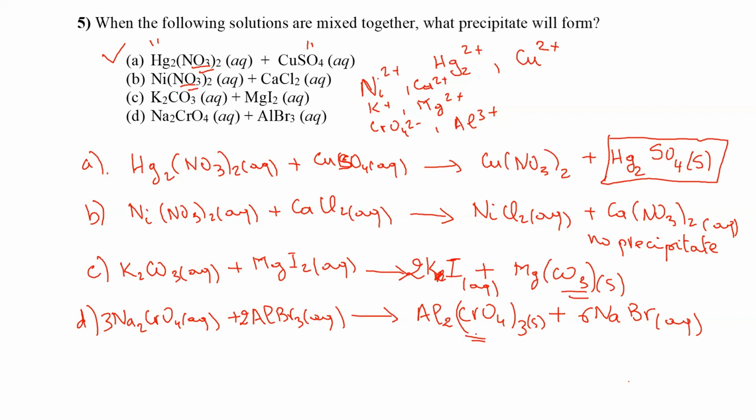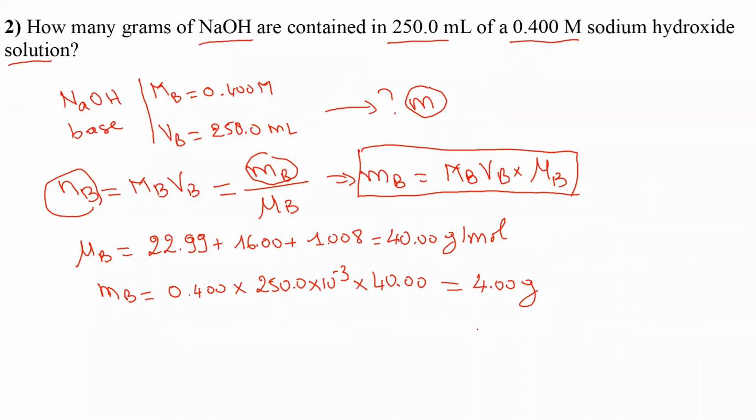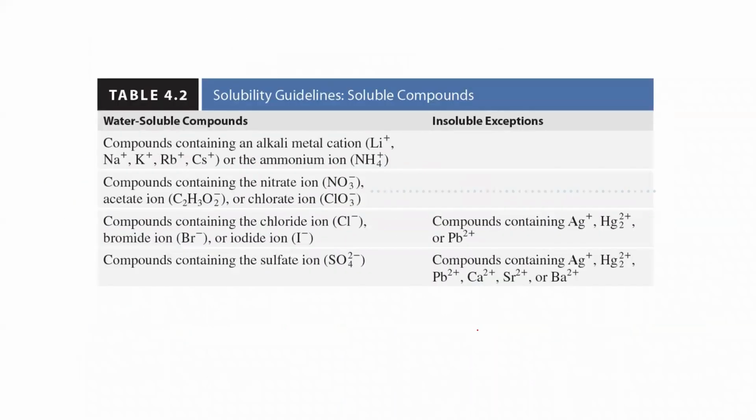So here you can solve it using this table easily. We use the fact that anything with lithium, sodium, potassium, rubidium, cesium, and ammonium is soluble. All of the nitrates that we had were soluble. When we have chloride, iodide, or bromide, we need to check if you have any of these: silver, lead-2, or mercury 1. If you don't, it's going to be soluble.